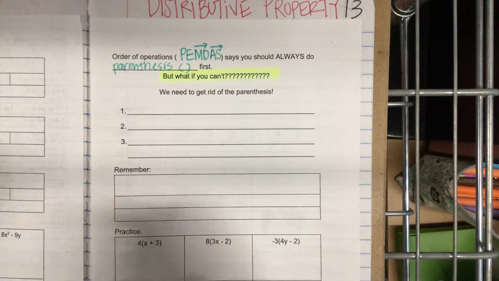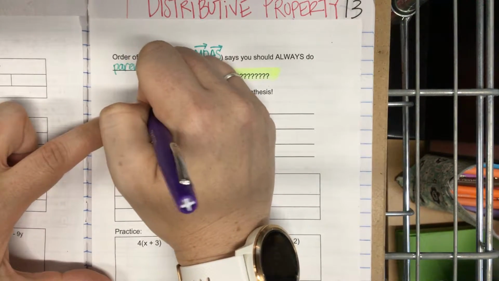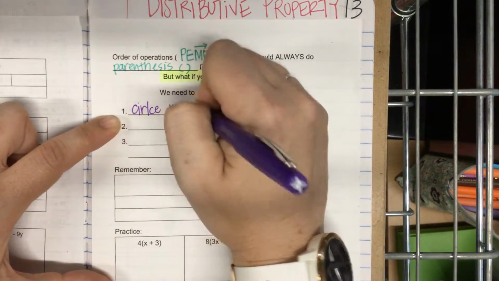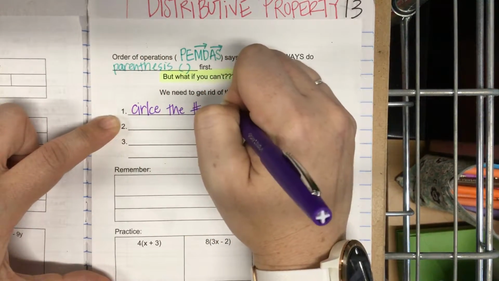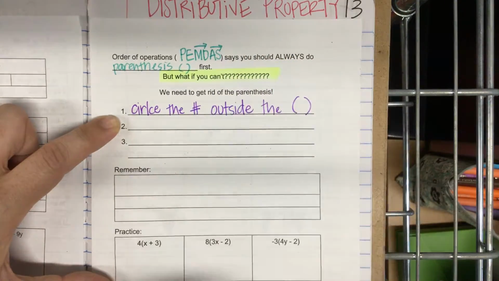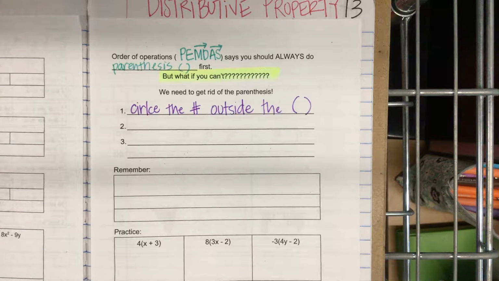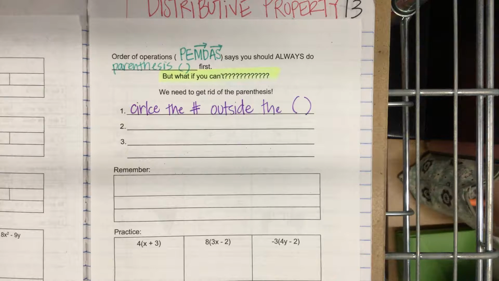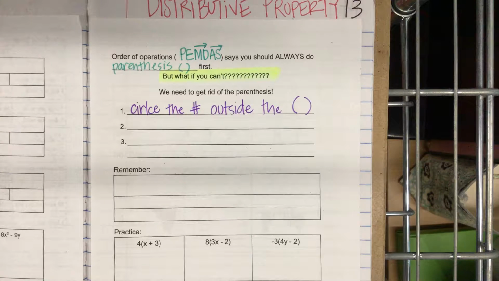Here are my steps. Step number 1. Circle the number outside the parentheses.